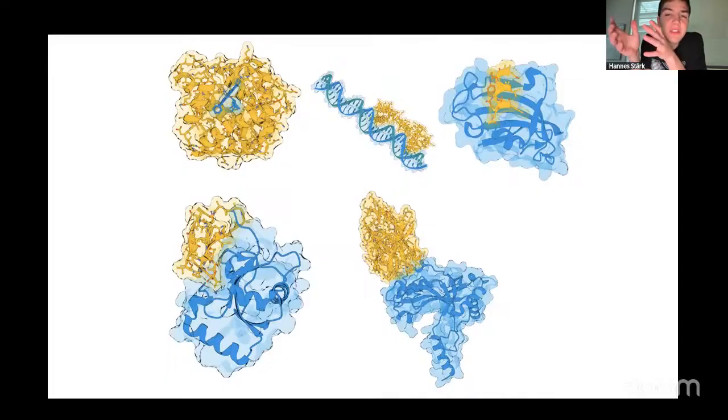We ignore this metric completely, and we rather optimize our model for being good at structure prediction, because we think that this is what you want to optimize for. You want your model to be good at reasoning about structure rather than these proxy metrics of designability.